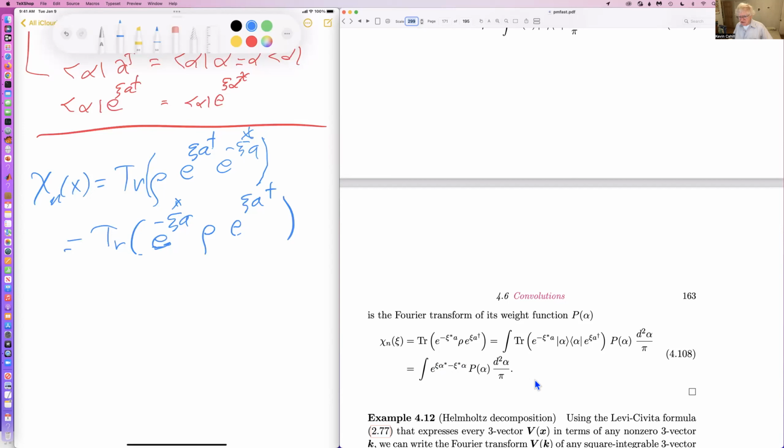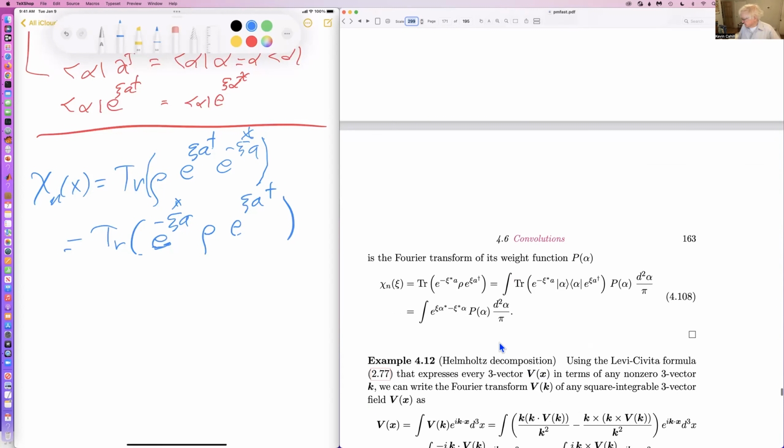And consequently, this is a Fourier transform of the function P of alpha. And that leads us to why it is that the P representation doesn't exist everywhere. And the reason is that it has to be a Fourier transform of the normally ordered characteristic function.